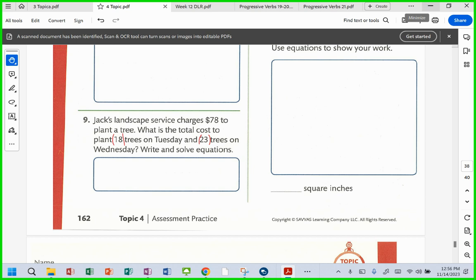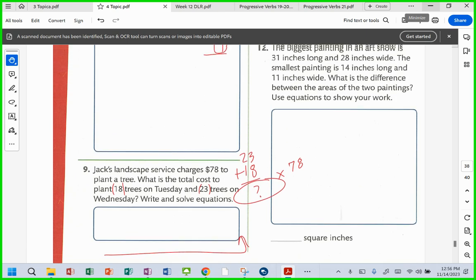So don't you need to do something like this to start with, right? You've got to figure that out first, right? Then you're going to take that answer, whatever it is, times the cost, which is $78. I want you to come up with what the answer is here, okay?